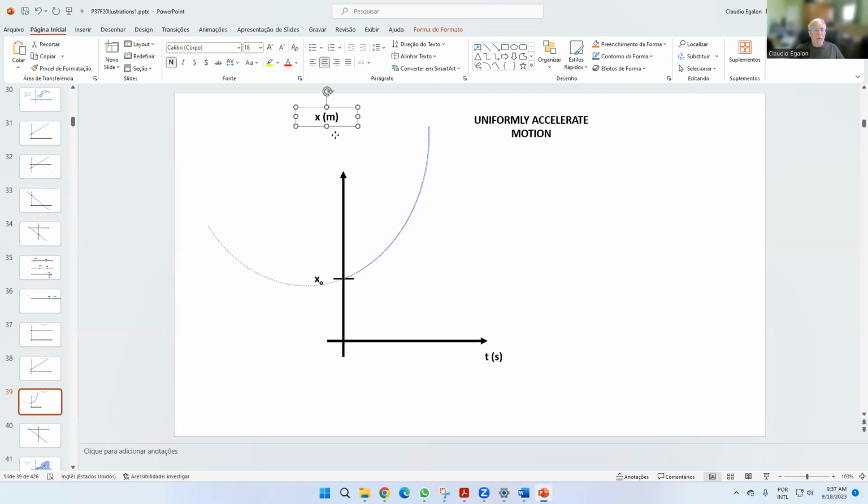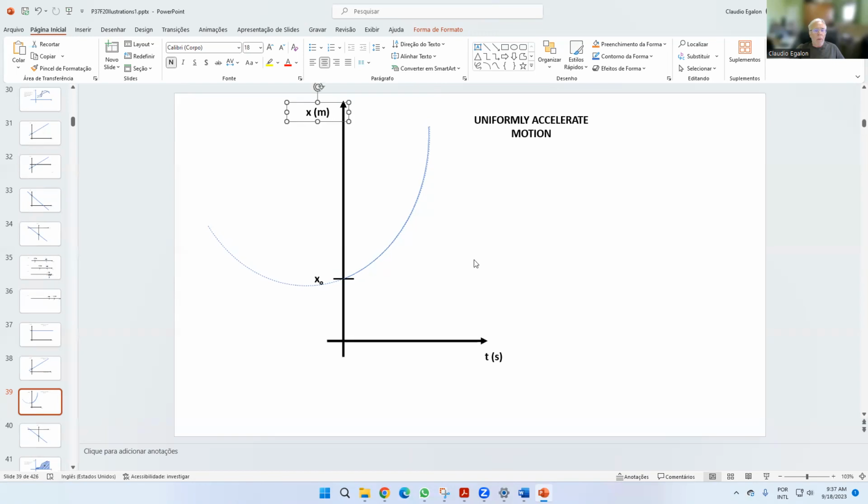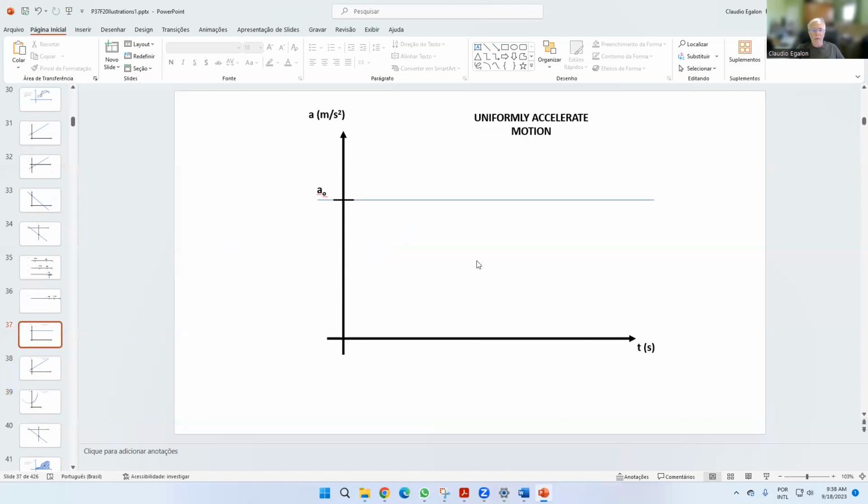That's the X position, and that's T. In this case, A is greater than 0. Acceleration is greater than 0.